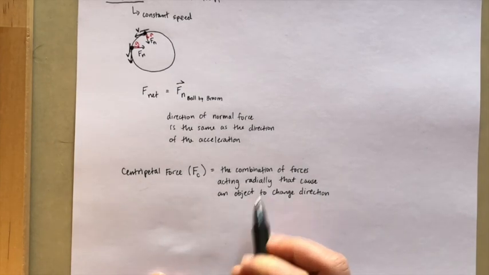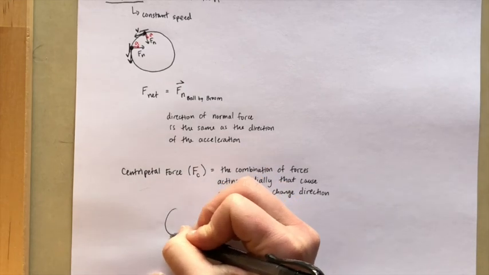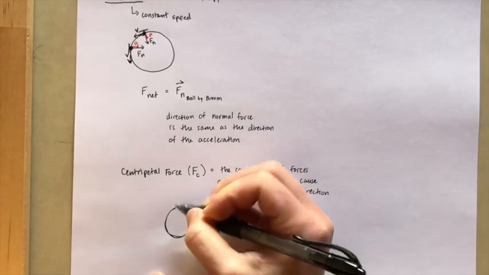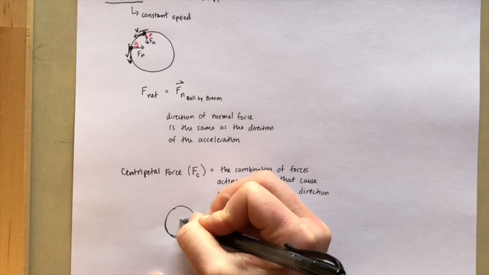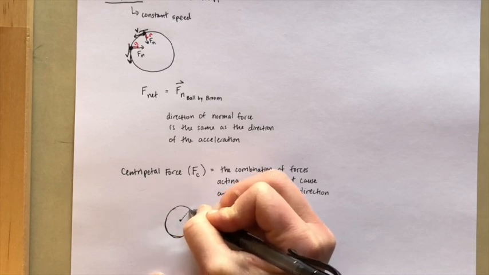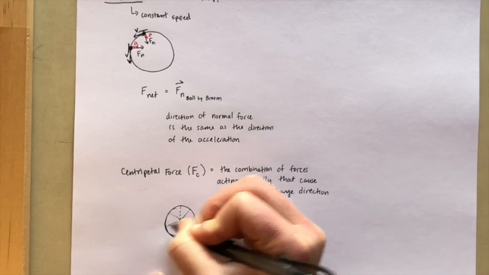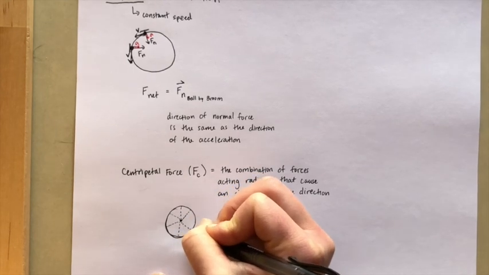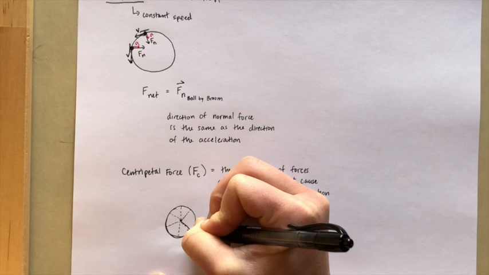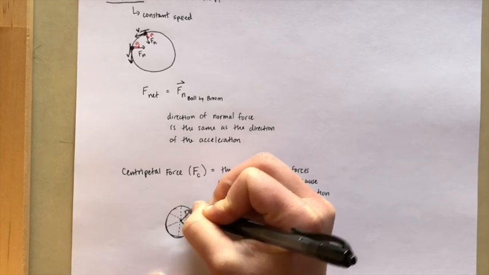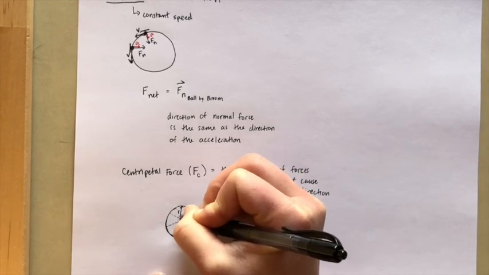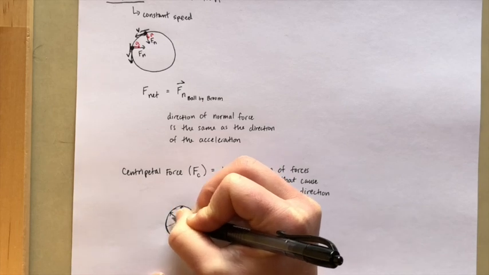Now, this radial direction has to do with looking at a circle and considering that a circle has a radius, which can be drawn in really any direction from the center of the circle, and all of these would represent the radius, which I'm representing with an R here.